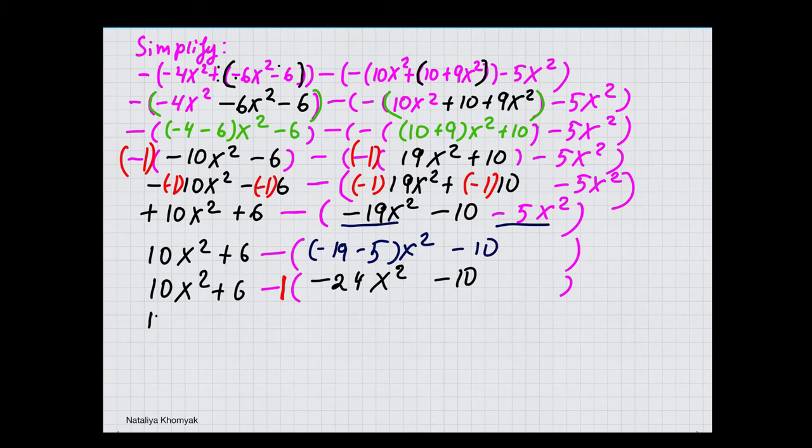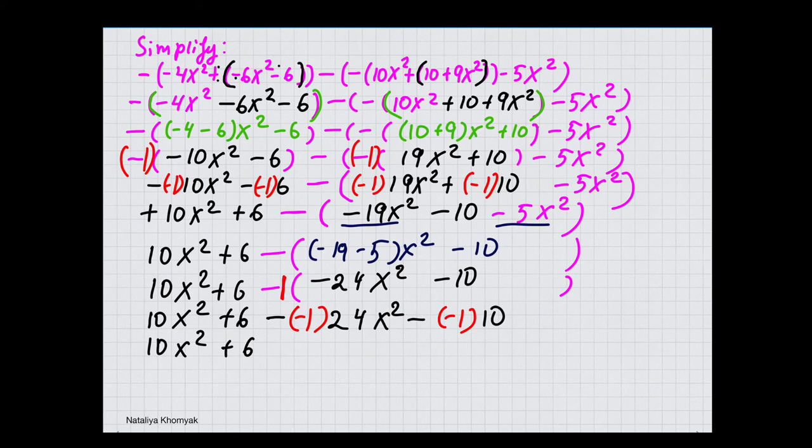So we have 10x to the second plus 6. We copy the parentheses as is, so we have negative 24x to the second minus 10. And each term that was inside of the parentheses gets multiplied by -1. So we have 10x to the second plus 6.